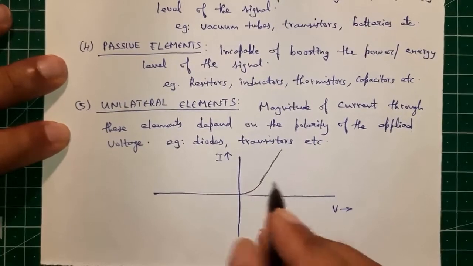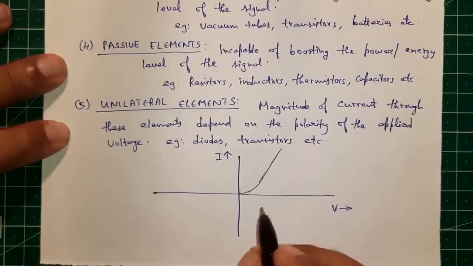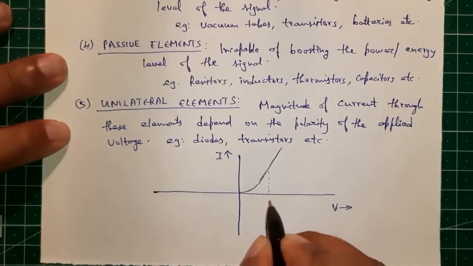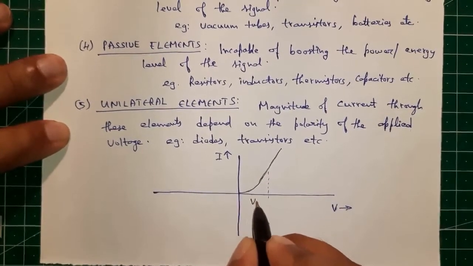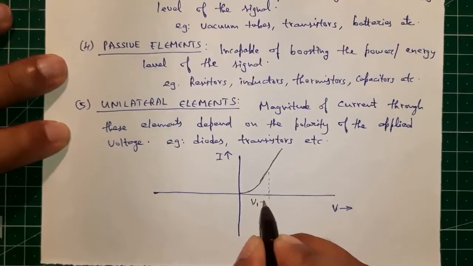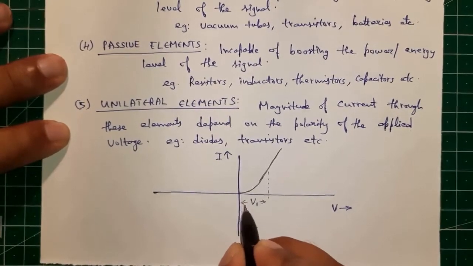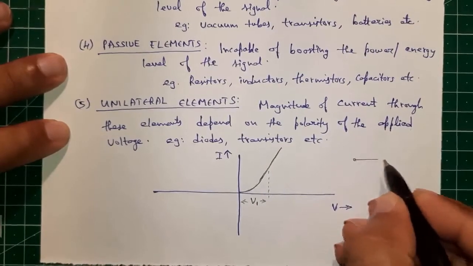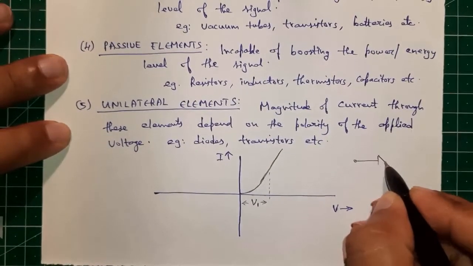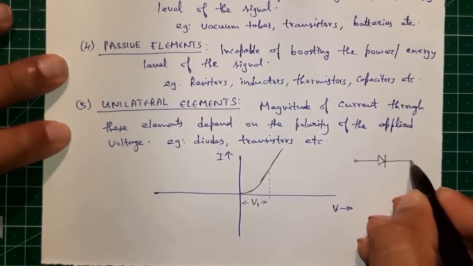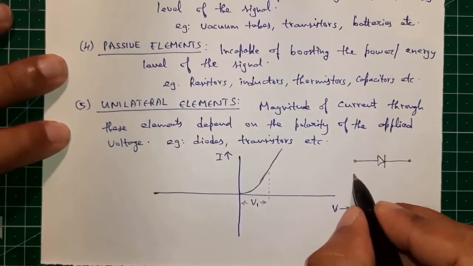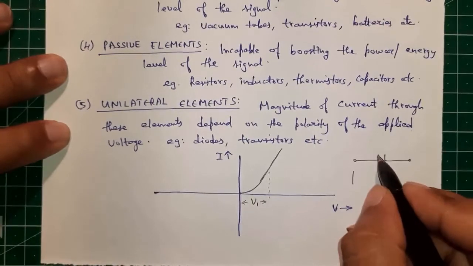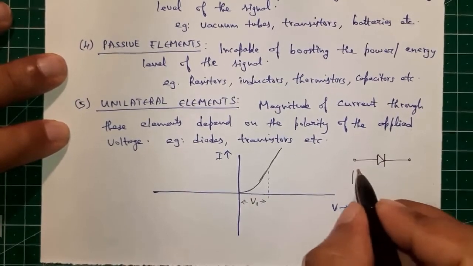This is the current. For example, we are applying a particular voltage, say plus V1. What is plus V1? Plus V1 is in the positive direction, like this.